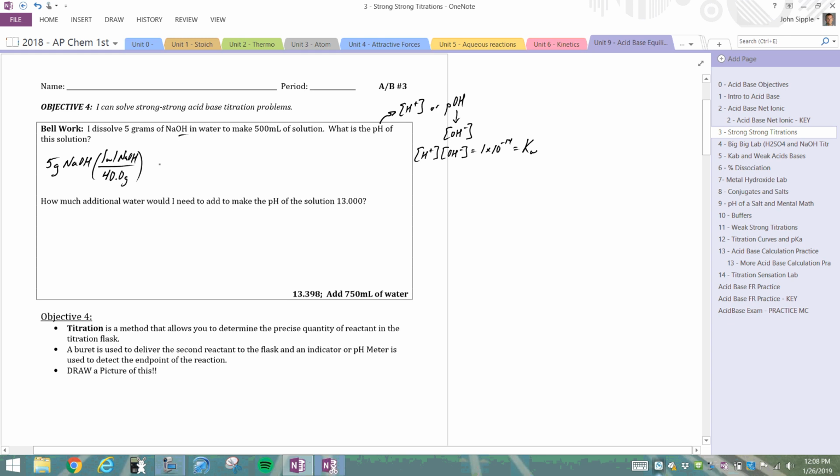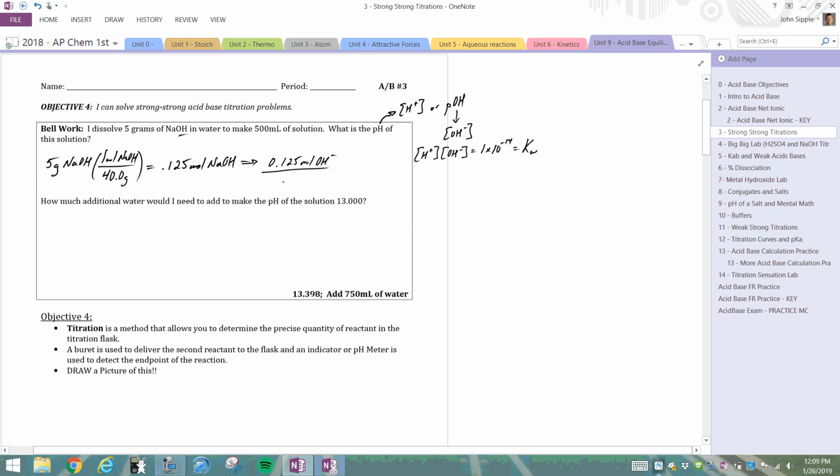All right, so that gives us 0.125 moles sodium hydroxide. All right, and ultimately, because it's a strong base and it's a 1-to-1 ratio, we know that there's 0.125 moles of hydroxide floating around in solution.